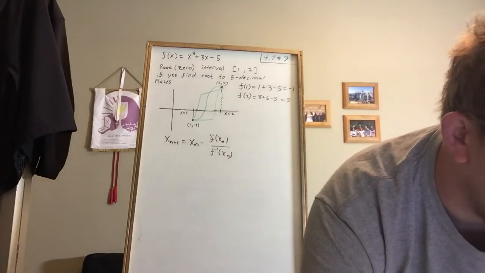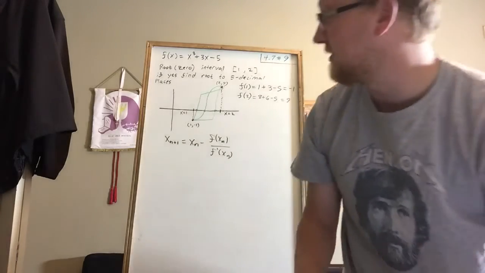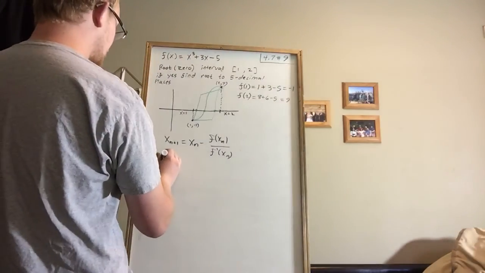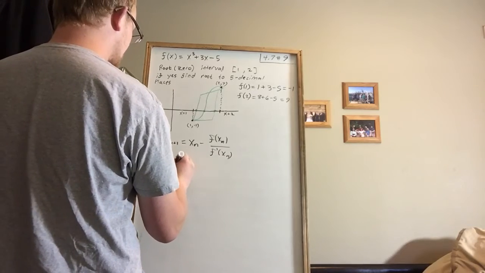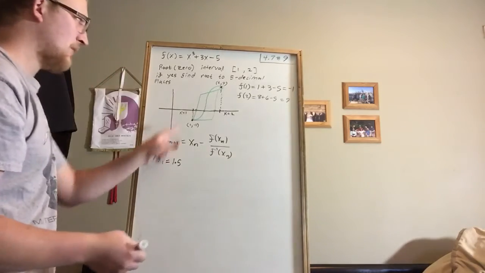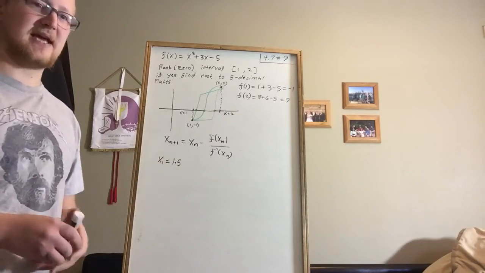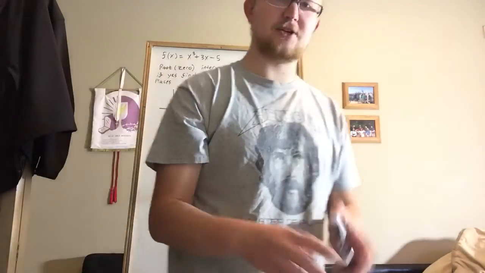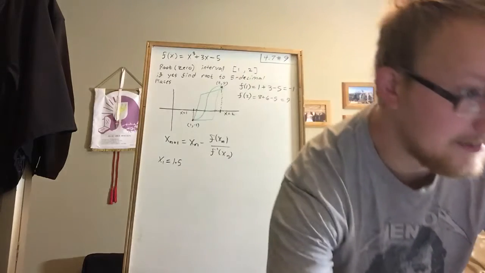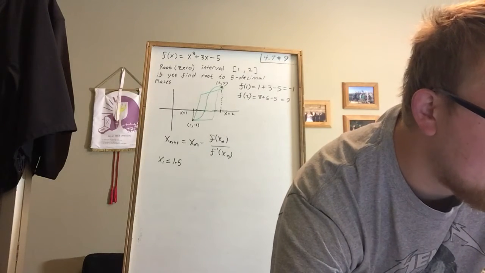And let's go ahead and guesstimate. We do need to choose an x1 point, right? We always have to choose an x1 point. I went ahead and chose x1 to be 1.5, because 1.5 is between 1 and 2, and it's about the best guess I had. So just make sure it's in the interval that we're actually looking at. And then I went ahead and hit solve.